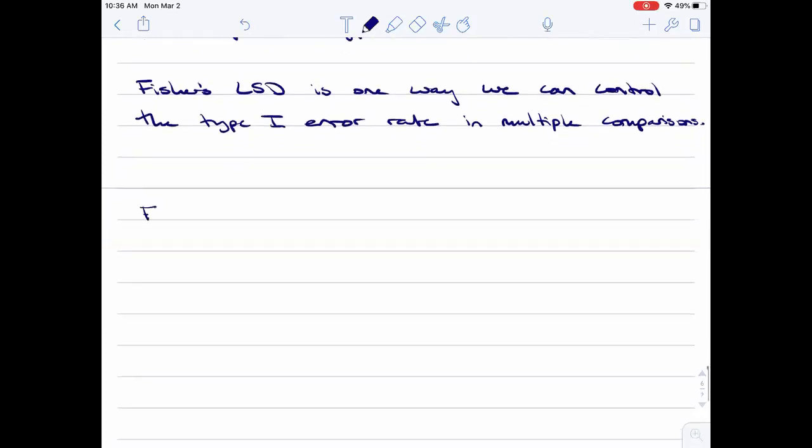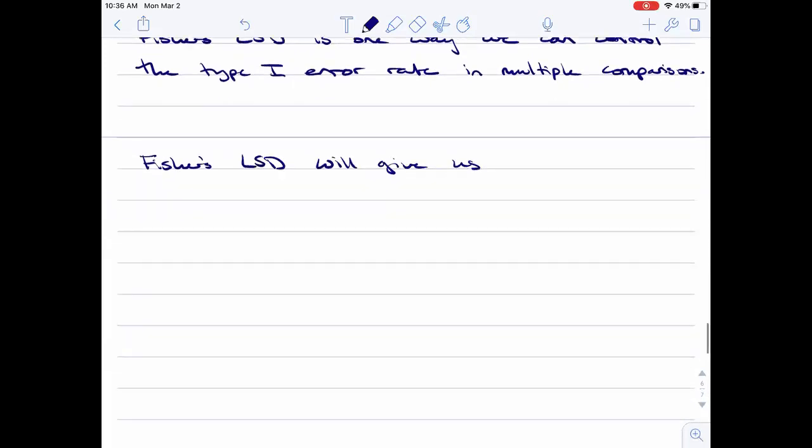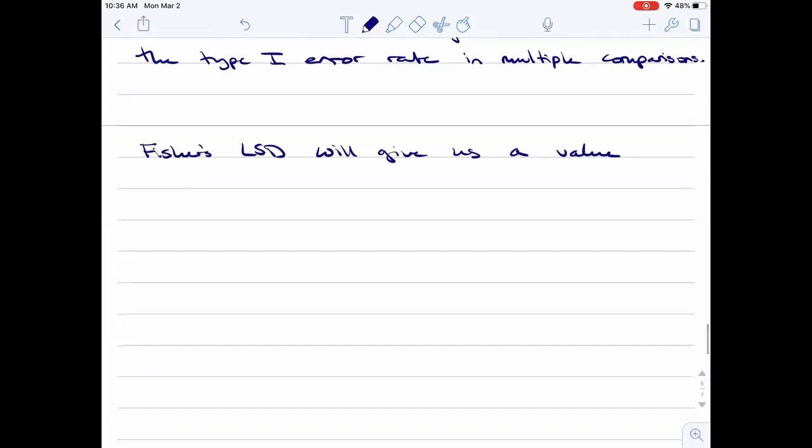So Fisher's LSD will give us a value, and a difference between two means that's larger than this one, our least significant difference.